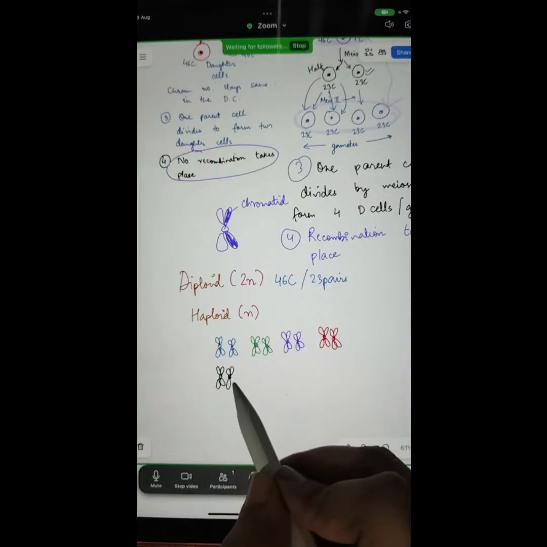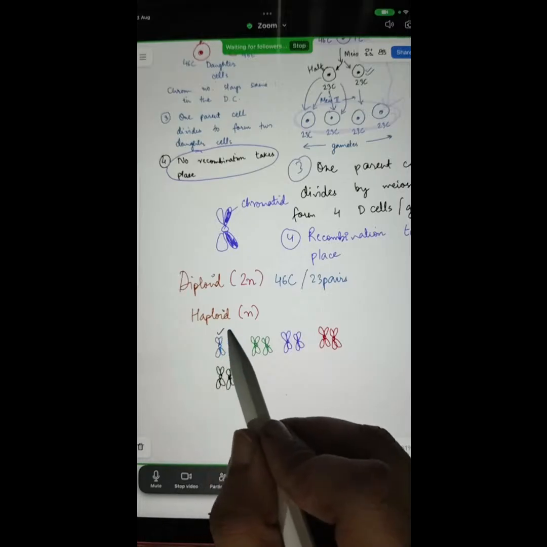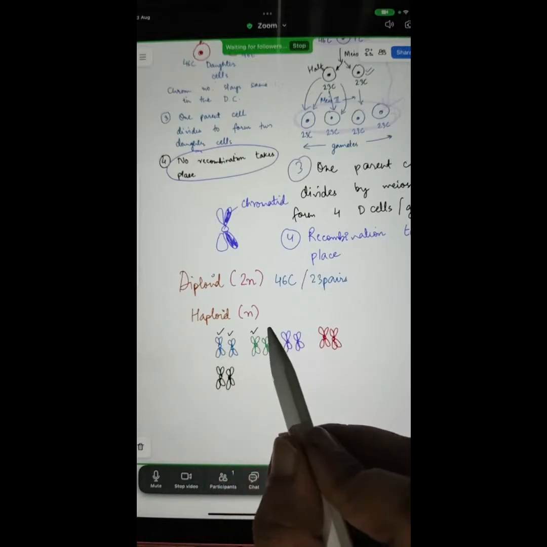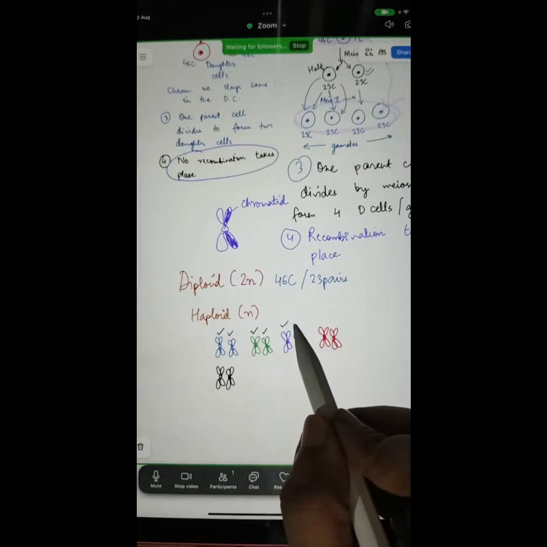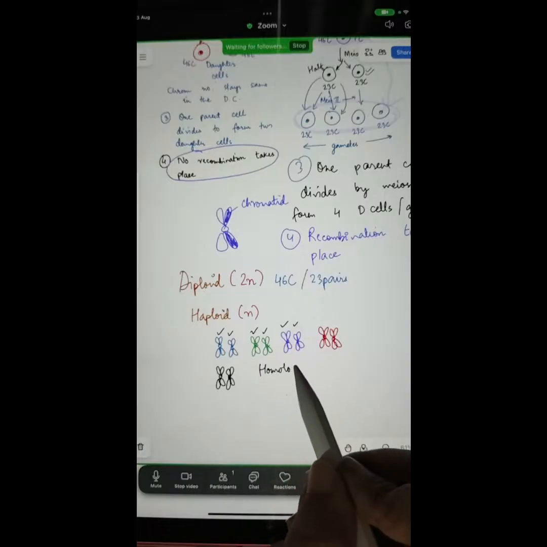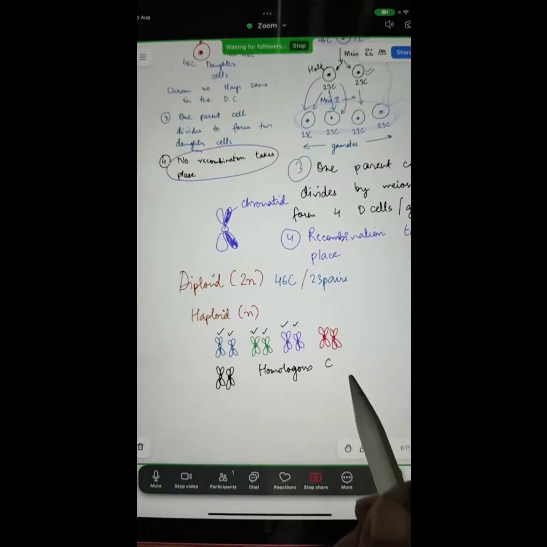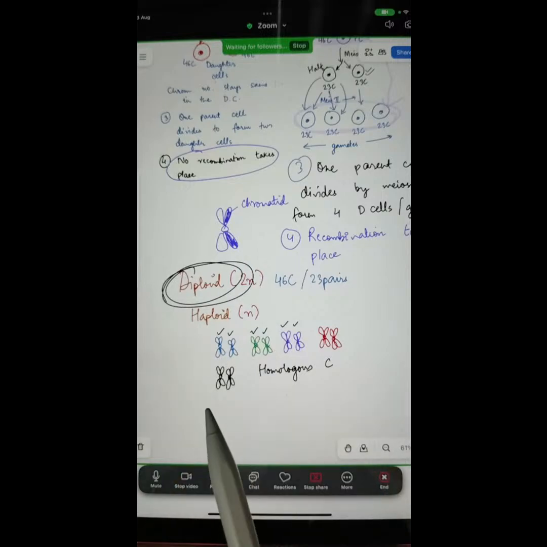Here I have shown you how many pairs? 5 pairs. This green one is similar to the other green one. This purple one is similar to the other purple. The chromosomes in a pair are known as homologous chromosomes.